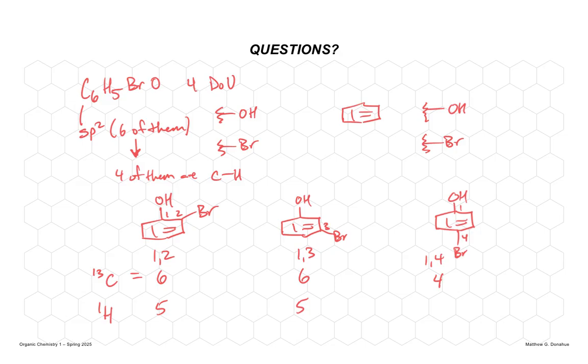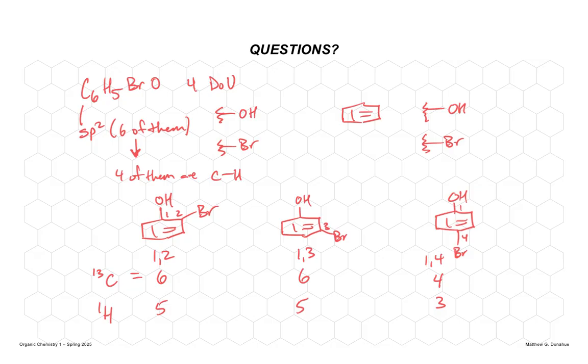Just so we can say we completed the exercise without leaving anything out. The 1,4 should have how many hydrogen sets? 3. So 1, 2, 3.